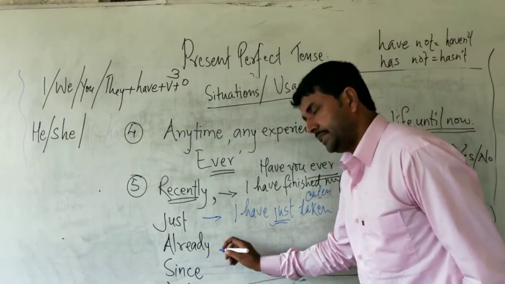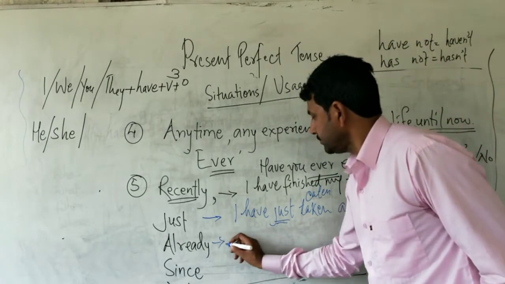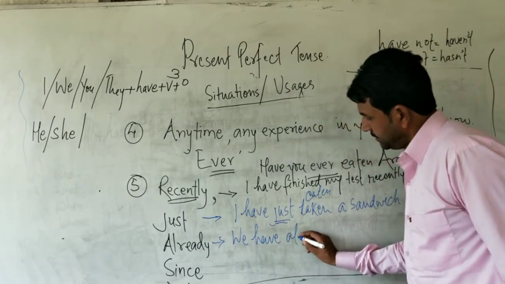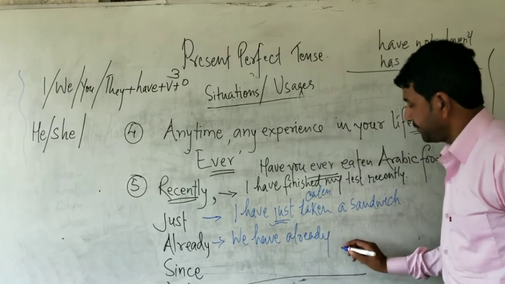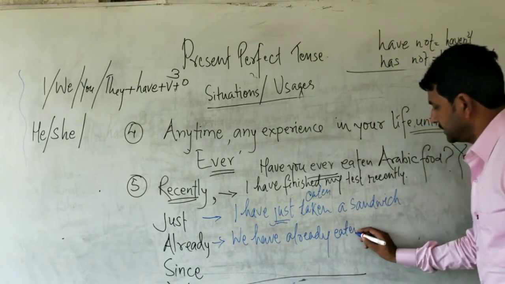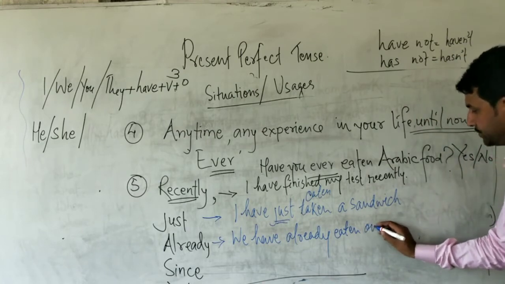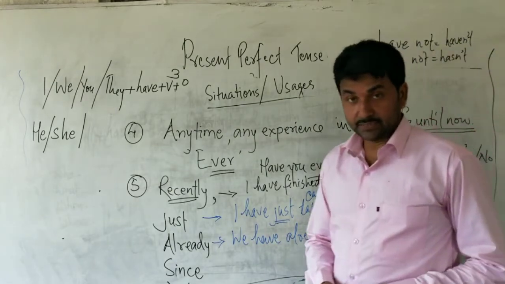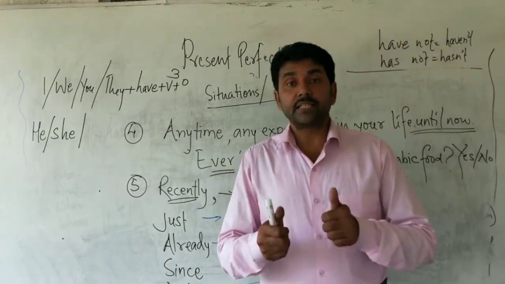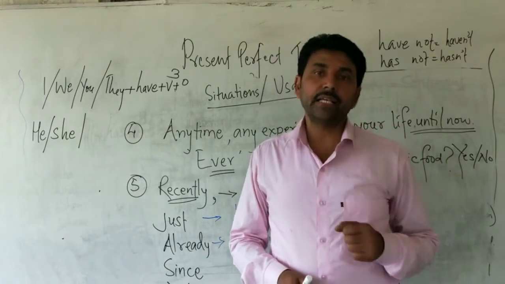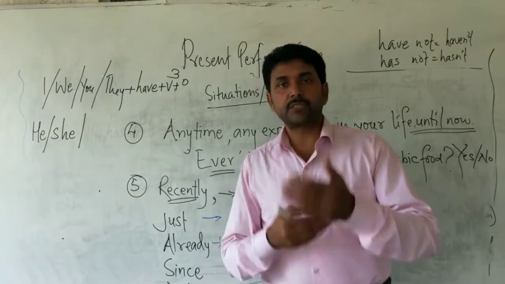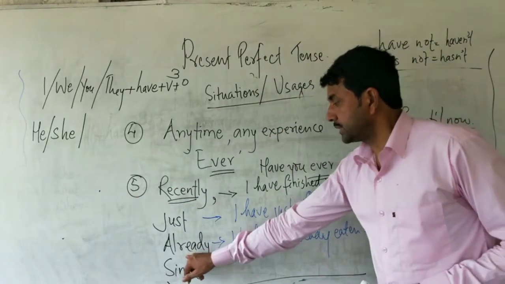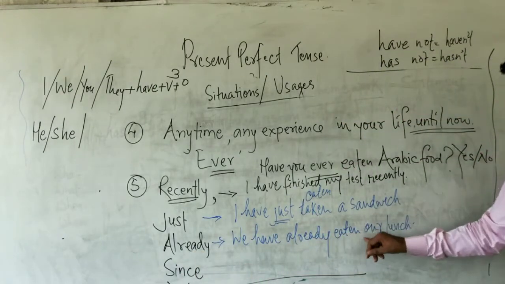Here also already is the same. We have already eaten our lunch. For example, if somebody asks and you want to say that you have already finished what he is saying, so before his expectation you have completed the task, in that situation you can say, we have already eaten our lunch.